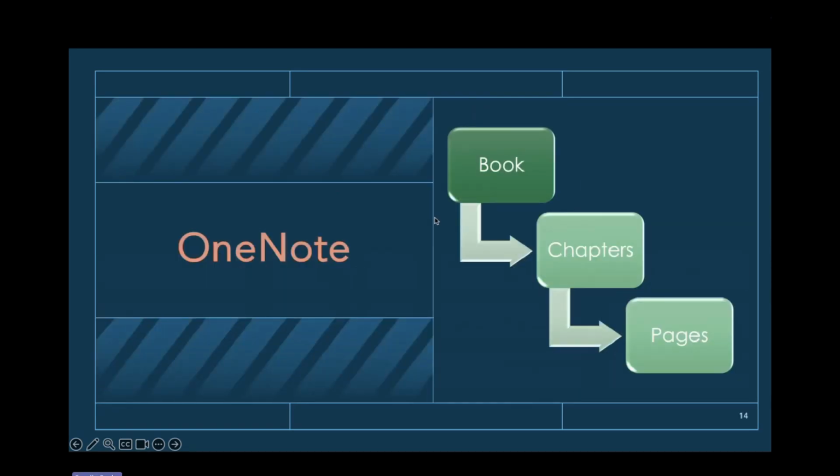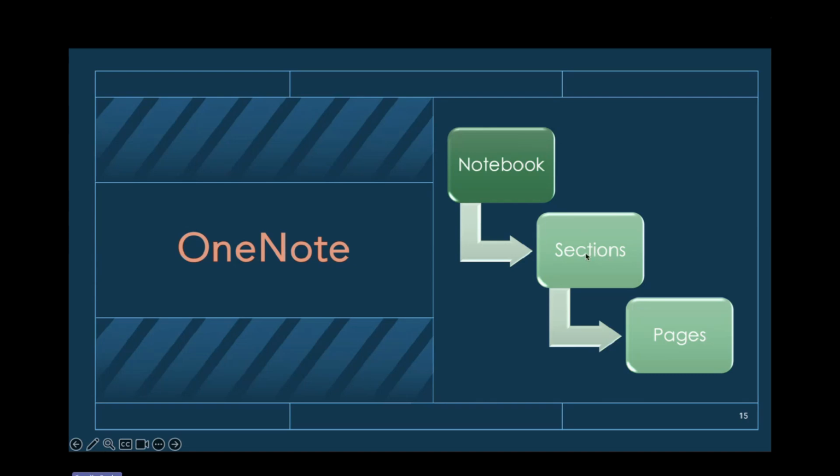You know, when you have a book, literally a book that you read, or a book, fiction or non-fiction, doesn't matter. A book has chapters, you know that. Every single chapter has a couple of pages. OneNote is the notebook. I relate it to the book.